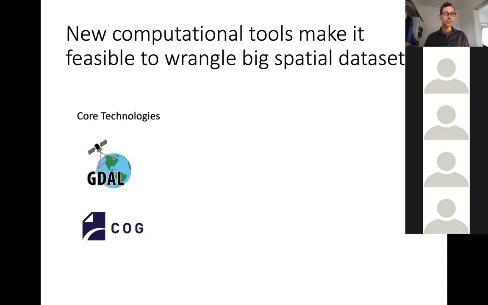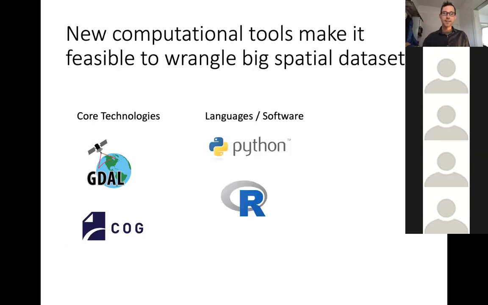And these include core technologies like GDAL, which is a software library that's used for a lot of spatial data manipulation. More recent development of technologies called COG, or Cloud Optimized GeoTIFF, which makes it possible to host data sets on cloud storage platforms and have them be manipulated very easily on somebody's desktop computer. The languages and software have gotten better.